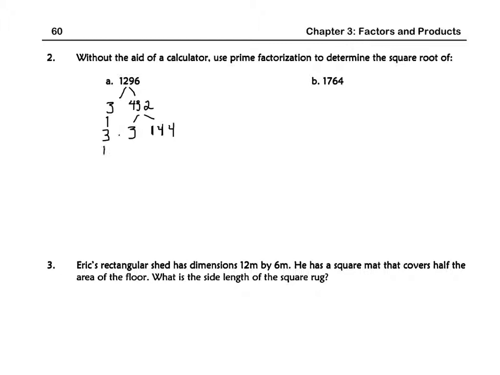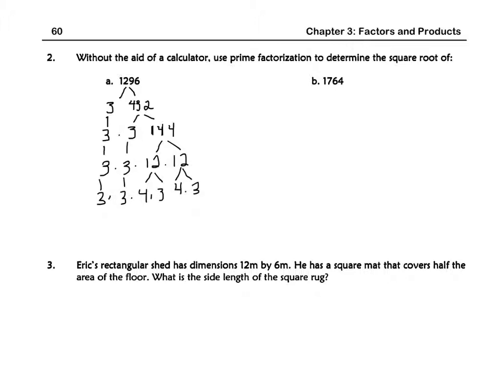So then that would be 3, 3, this is 12 times 12, 3, 3, 12 is 4 times 3, 4 times 3.